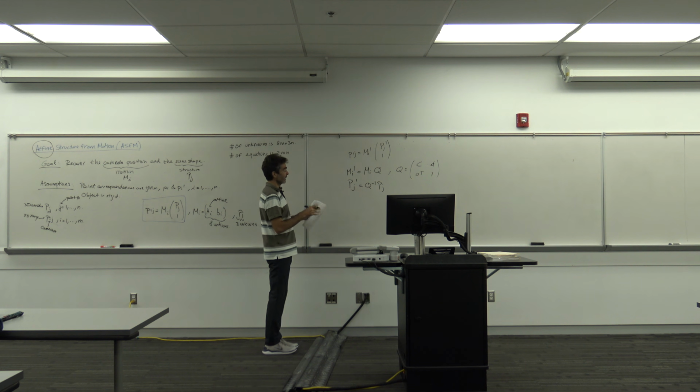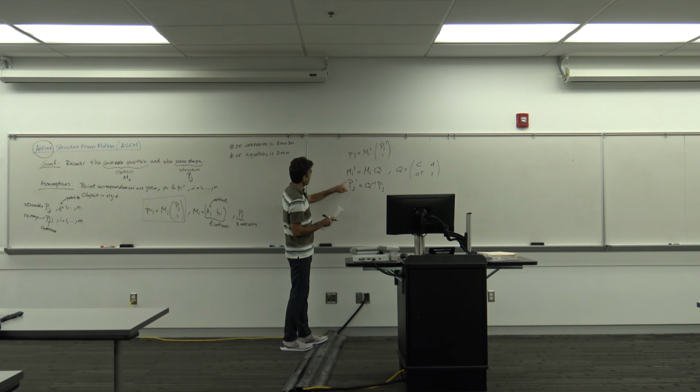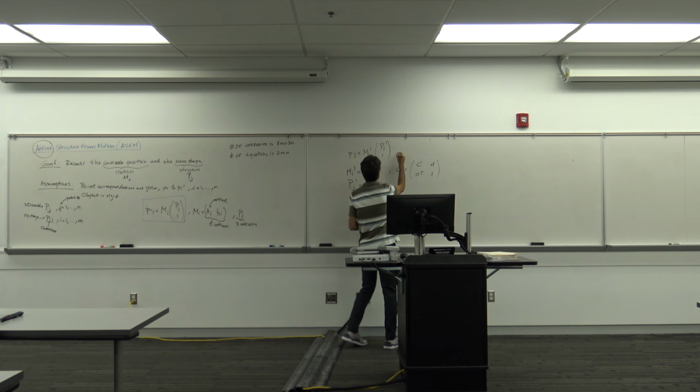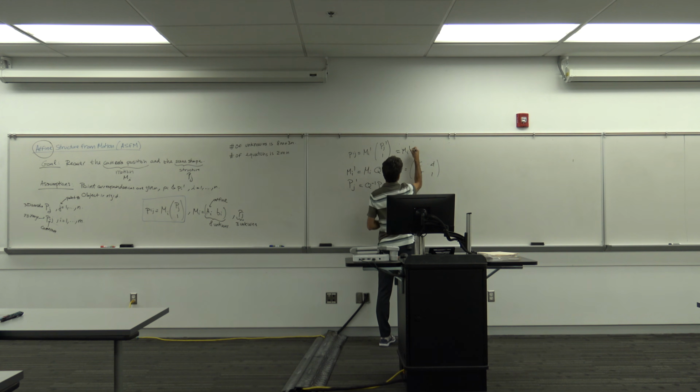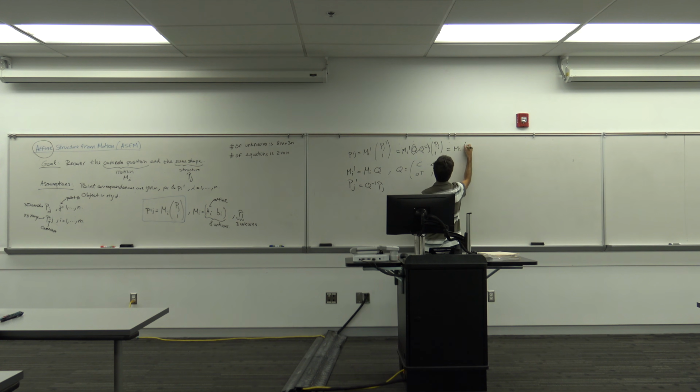Okay? Now let's substitute mi prime and pj prime here. And if I do that, what do I get? I get mi prime Q inverse pj1. And look at this. This cancels out. That's the identity matrix. So this is mi pj1.